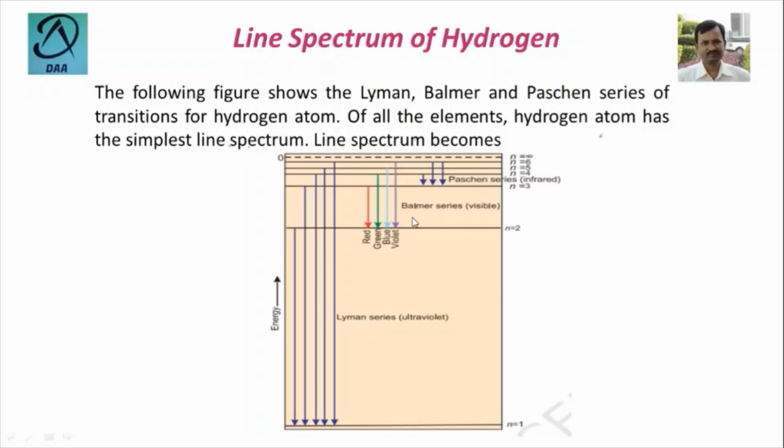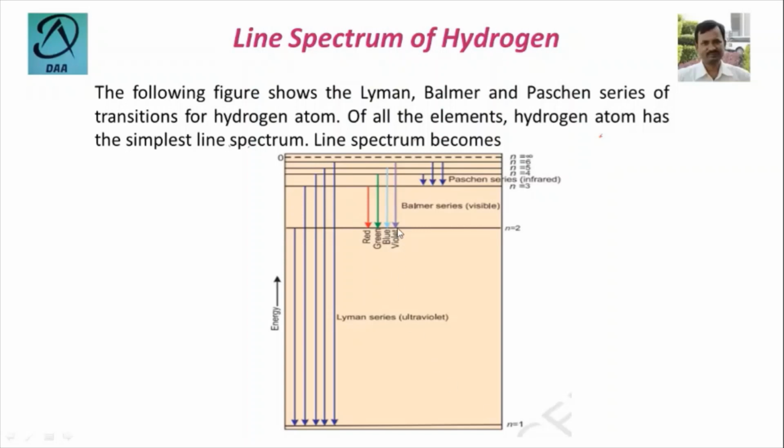And the Balmer series is in the visible region, so it comes in this region. You can see different colors here. But the Lyman series is in the ultraviolet region when n is equal to 1, that means in the equation n1 is equal to 1.